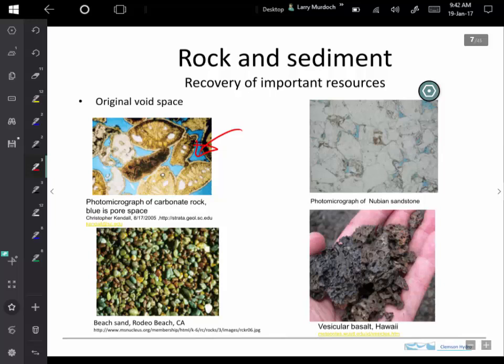Here's a vesicular basalt. So these pores are small gas bubbles that are formed in a molten rock, and as the rock cools, the gas bubbles are quenched in place, forming structures that, in that case, those pores may be connected, or they may not. They may be fairly isolated pores.